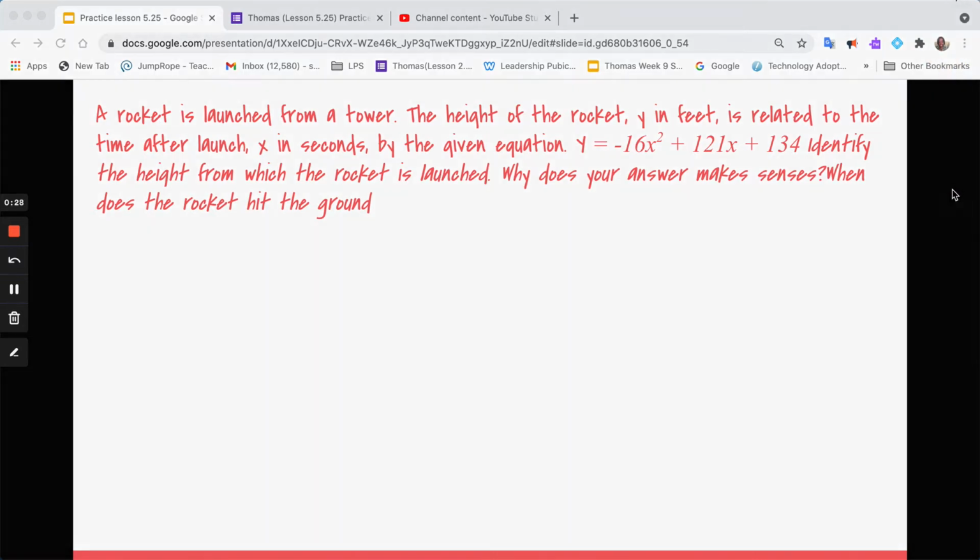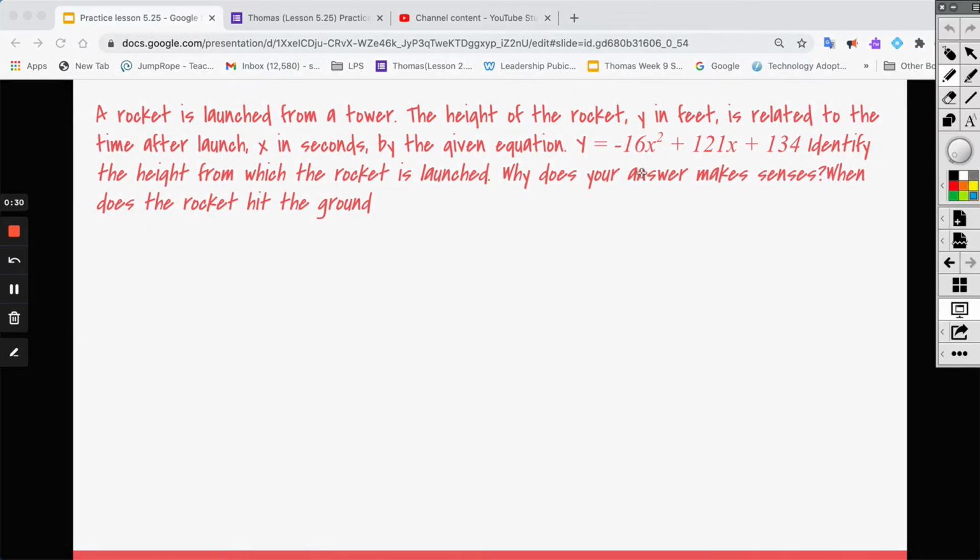All right, so one thing to note is that the given equation is in standard form, and that's awesome.